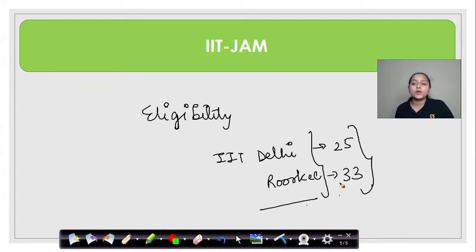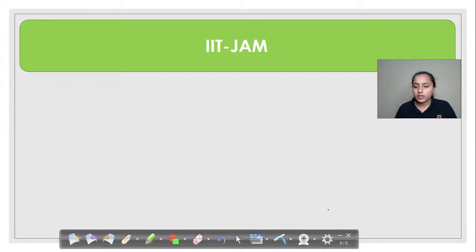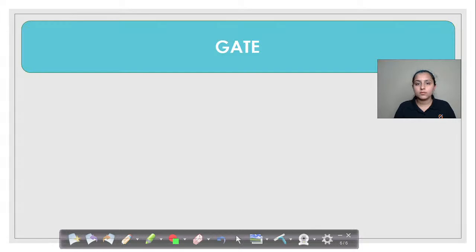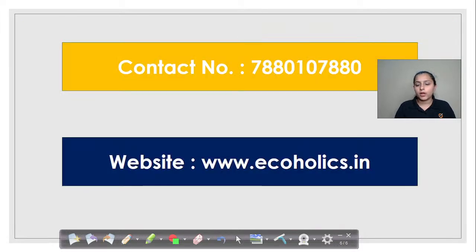So students were not prepared for that, you can say, because it comes in February, like 4 months before other exams. But this time, many of the students knew about this exam. So of course, the cutoffs are going to be a little high this time. Right. So I will come to this. GATE and IIT JAM are kind of the same.